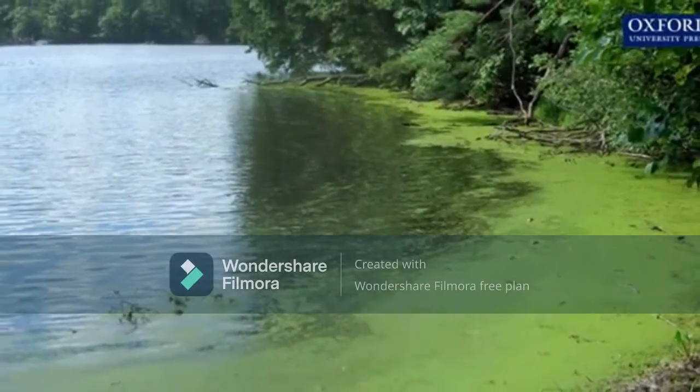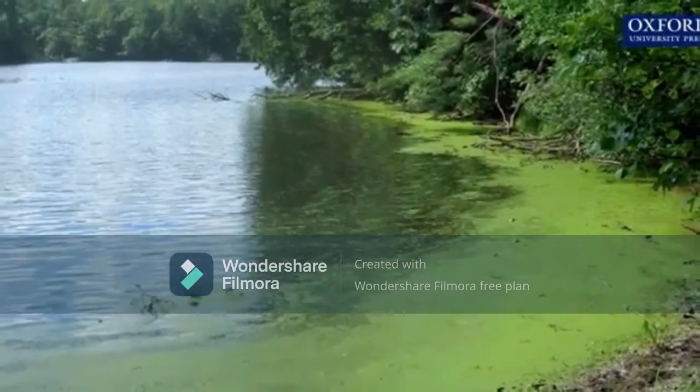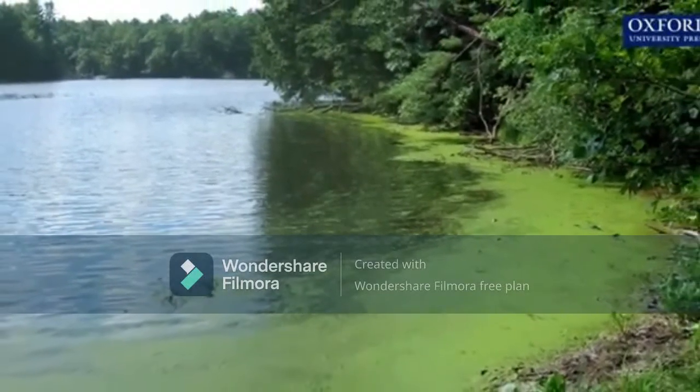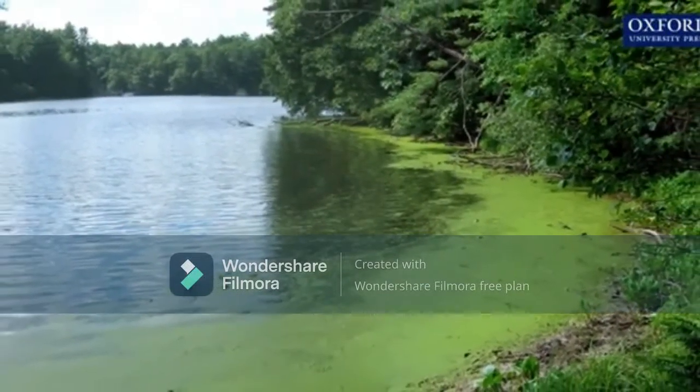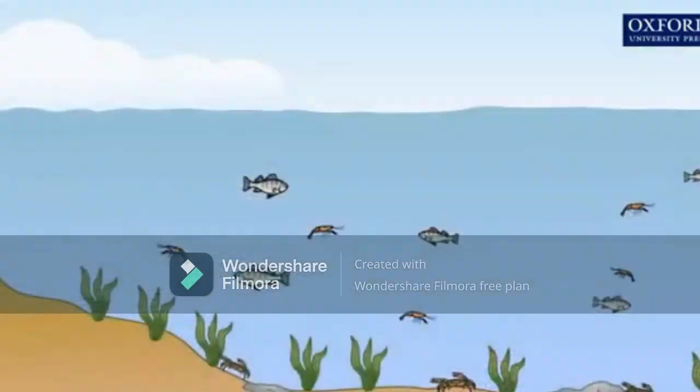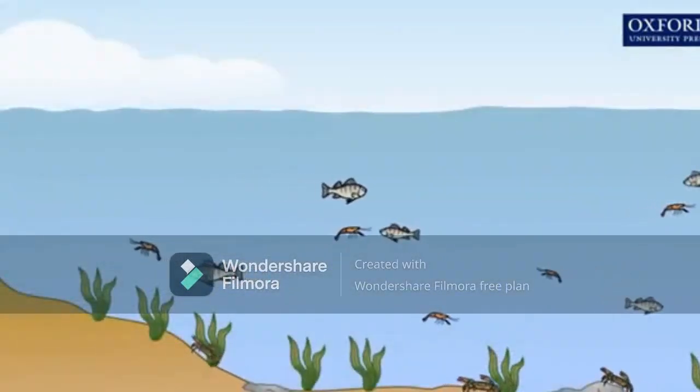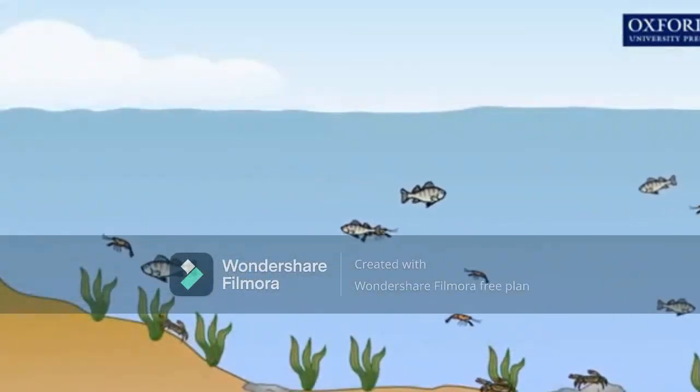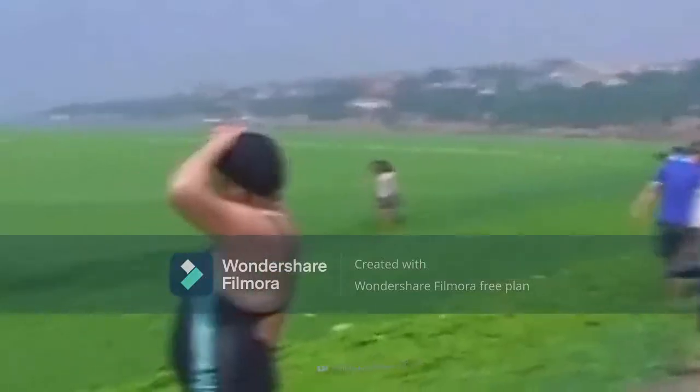Algal blooms caused by certain types of algae and cyanobacteria happen in bodies of water around the world. We can be exposed and get sick through the following. First, skin contact.